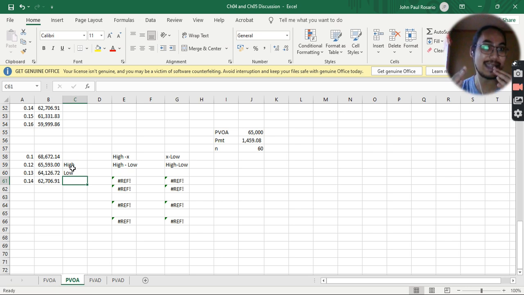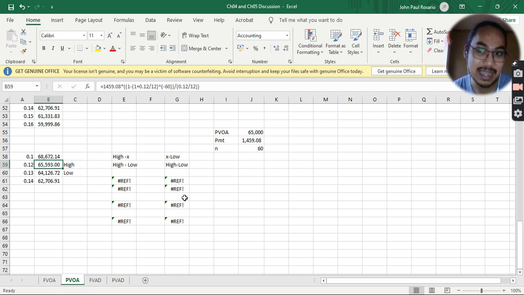But for present value, it's the opposite. The higher the interest rate, the lower the present value. The lower the interest rate, the higher the present value. As you can see here, with 12%, the present value is 65,000, while at 13%, the present value is only now 64,000. So it reversed.